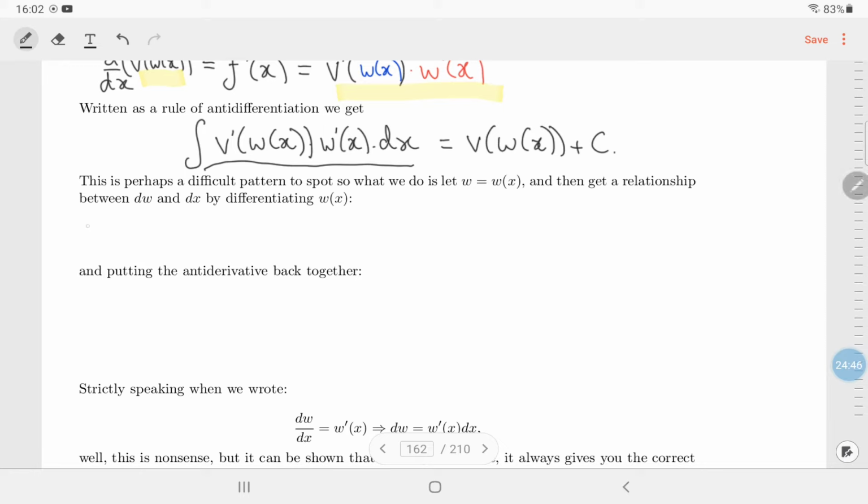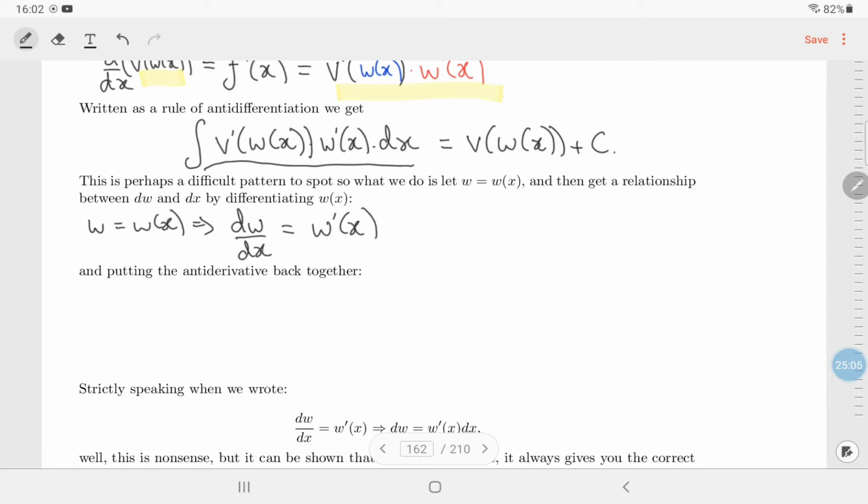So you have w equal to w of x, and you differentiate both sides, and we get a relationship between dw and dx. If I differentiate both sides, I get dw/dx is equal to w dashed of x. Now what I'm going to do next doesn't actually make sense, it's just nonsense, but it does give you the right answer.